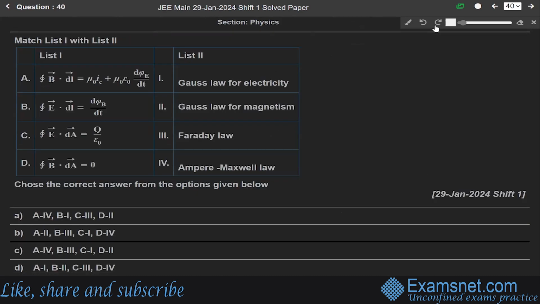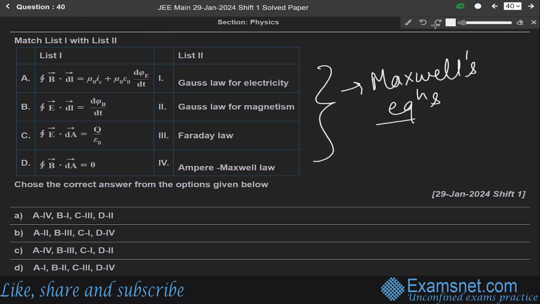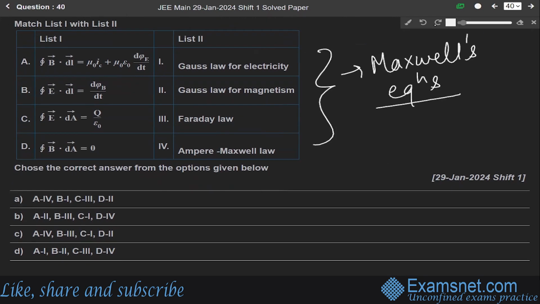Now question 40. Match list 1 with list 2. These equations are Maxwell's four equations. The first Maxwell's equation is Gauss law of electrostatics, which says that the flux phi is equal to 1 upon epsilon naught times the total charge enclosed by the surface.